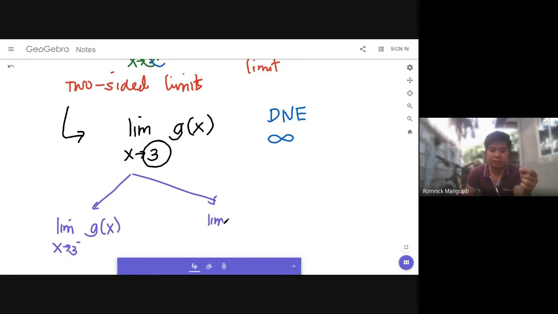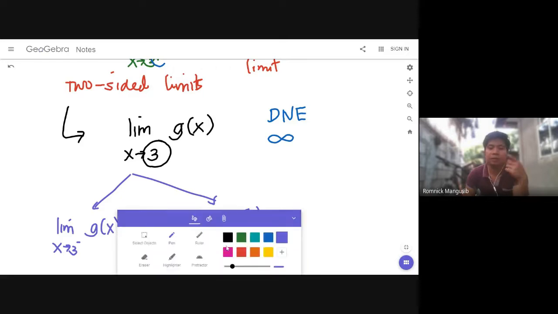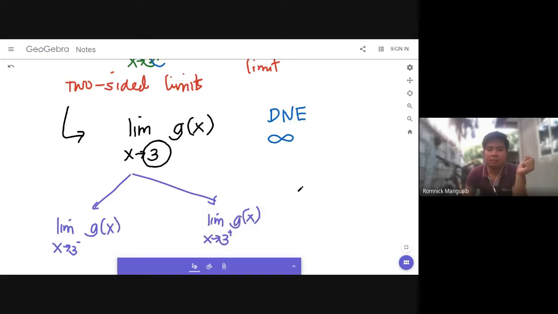Then we have here right. Kailangan ang mangyari daw dito sa dalawang ito ay masatisfy niya ang dalawang conditions. First of them, they both exist. This left and right must exist, sabi niya. And second, they must be equal. So, they exist and they are equal, sabi niya.